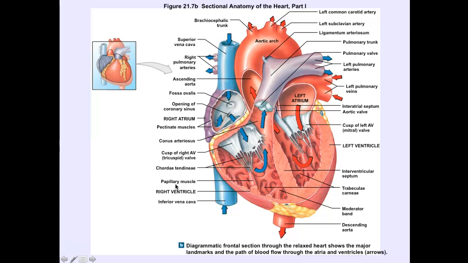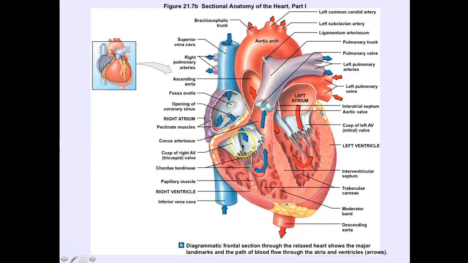So the papillary muscle is this attachment site. This whole structure is necessary in how the valve functions. So let's go into this a little bit. So when the blood is being pushed past, the valve passively opens. So the cusps are going to just open up because the force of the blood is running through them.